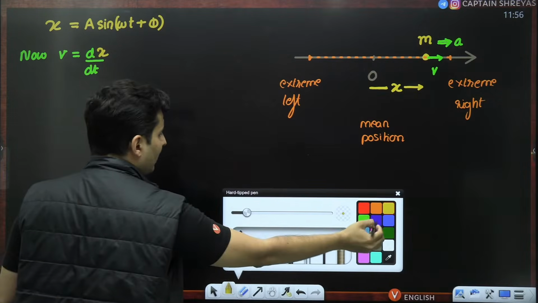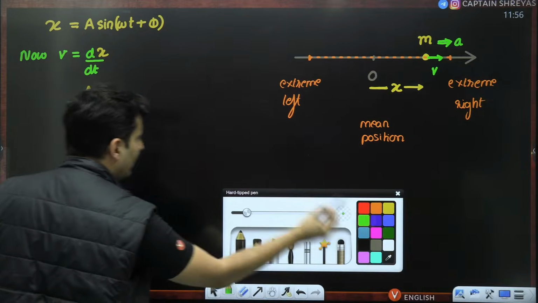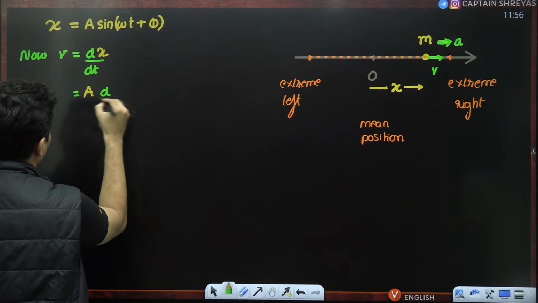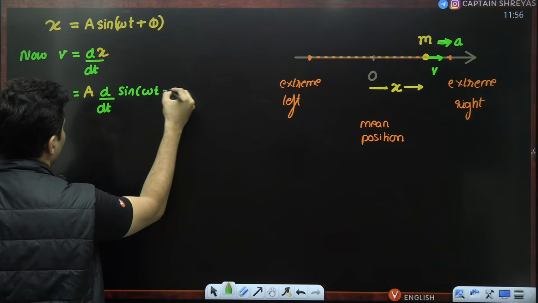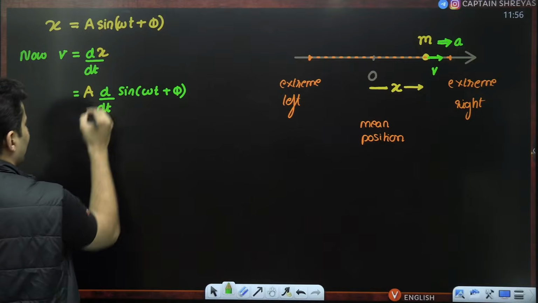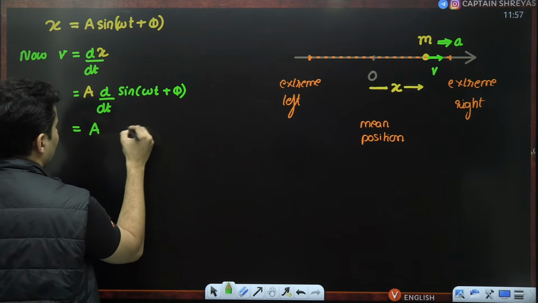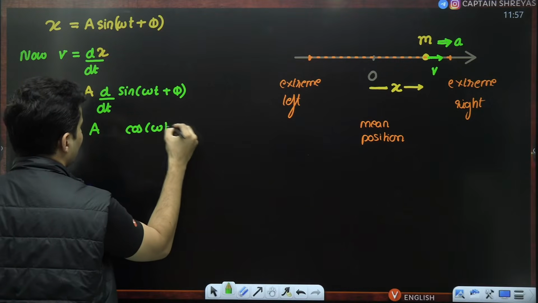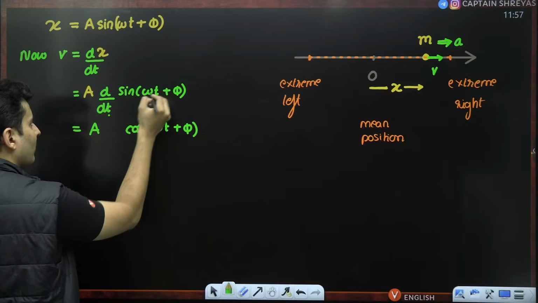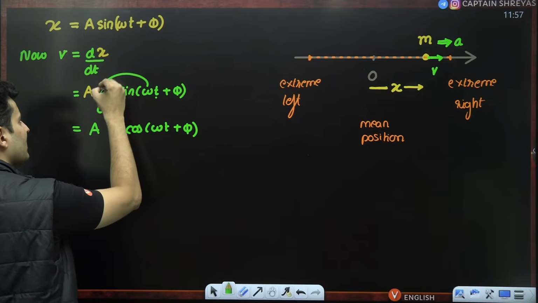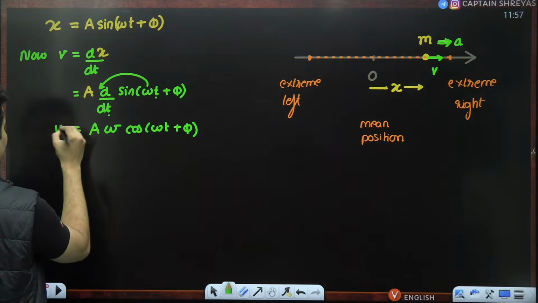So in the term x, a is a constant, so a comes outside, and I will be required to only find the derivative of sine of omega t plus phi. But derivative of sine is nothing but cosine, so it will be a, instead of sine, you will have cos omega t plus phi. Do not forget, because I am differentiating with respect to time, whatever multiplies with time comes outside. This is the ax plus b rule. So omega will come outside, and hence this is the velocity.